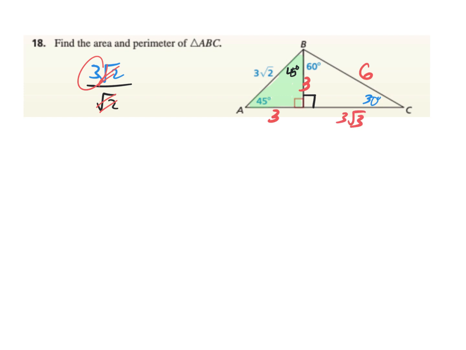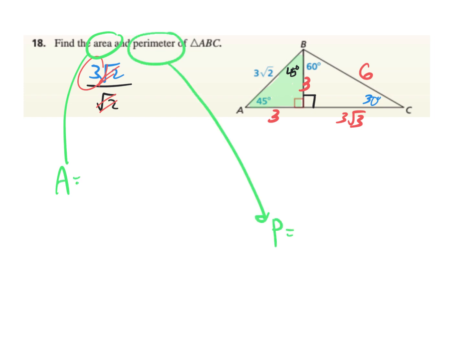Now we can answer the questions, what's the area and what's the perimeter of this triangle? So the area is 1/2 times the base times the height. And the base of this triangle, we're talking about this entire green triangle. The base is the distance from here all the way over to here, which is 3 plus 3 root 3.